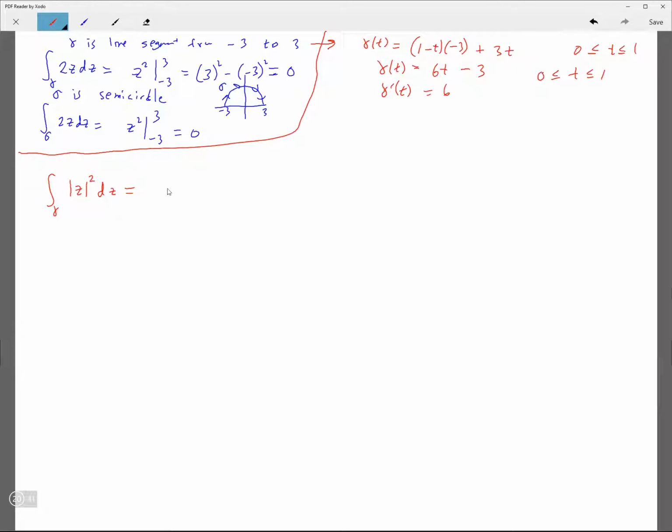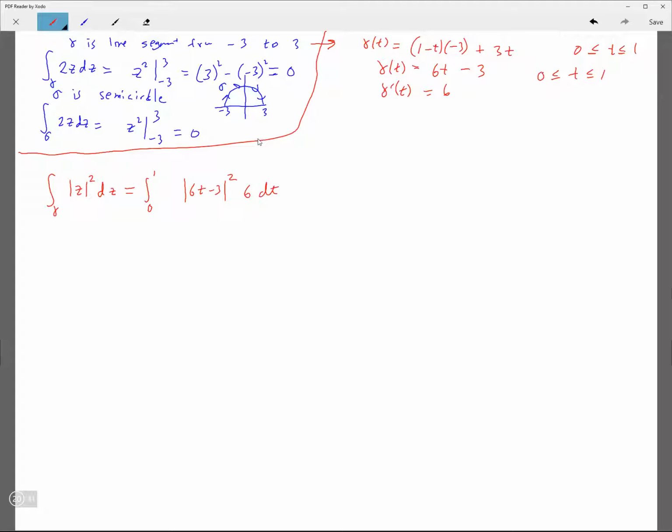So then to do this one, this z gets replaced with this gamma of t, so this 6t minus 3. And the dz gets replaced with 6.